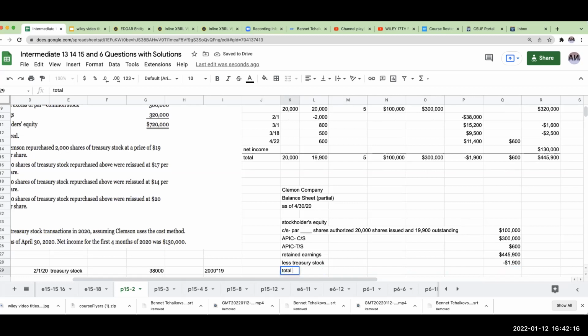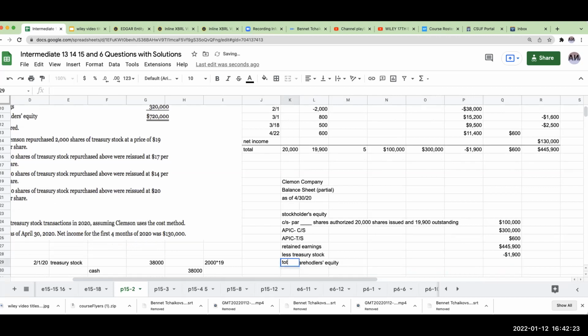So my total shareholders' equity, or total stockholders' equity, is going to be at $884,600.